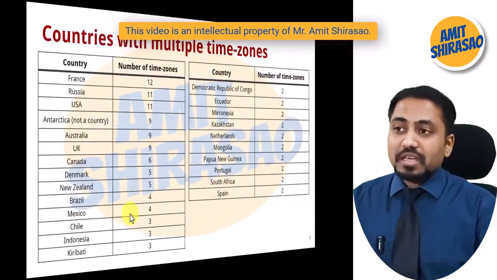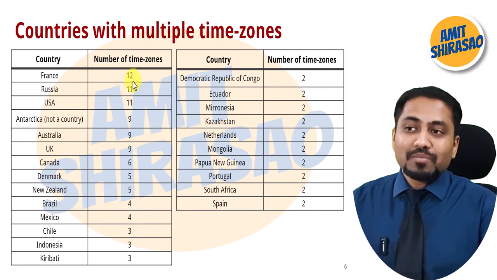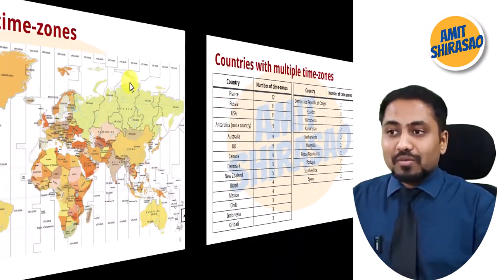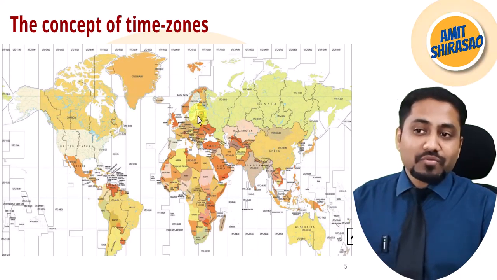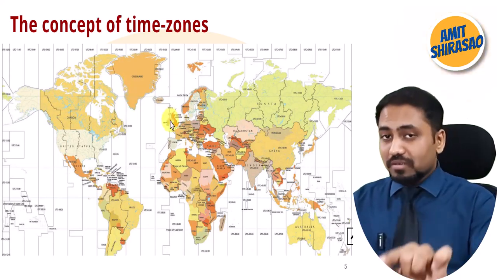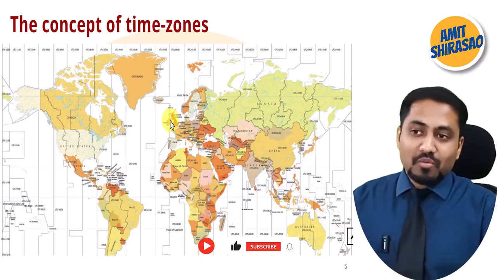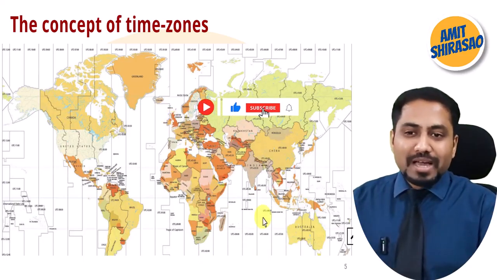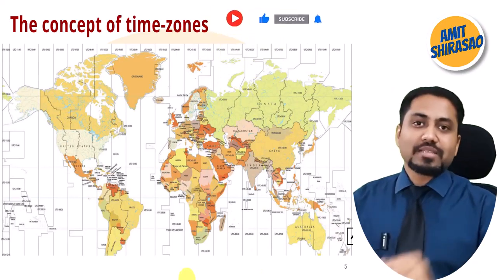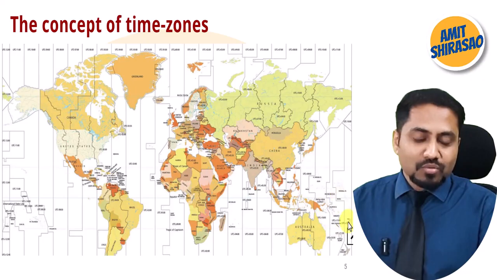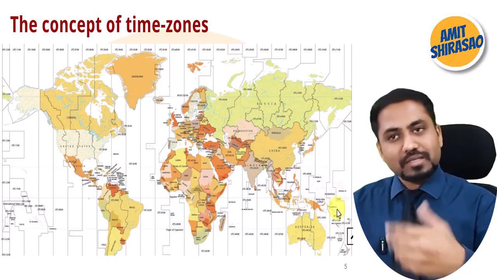Similarly, France has more time zones than the US and Russia. Why is that the case? Because France also is a modern-age colonial power. France has so many islands that it still controls as its colony. For example, there are a few islands around Australia that it controls.